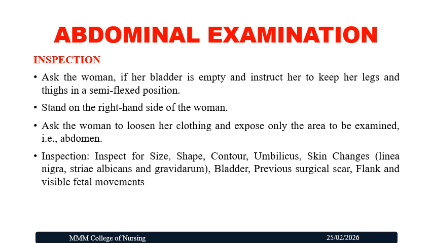For example, in oligohydramnios and IUGR, the mother will have a small for gestational age abdomen. By looking at the abdomen without touching it, we are supposed to find out all these things. By looking, we can elicit whether the abdomen is small or large for gestational age.